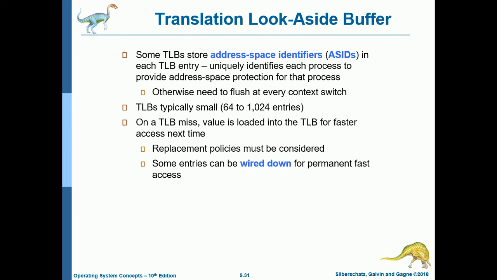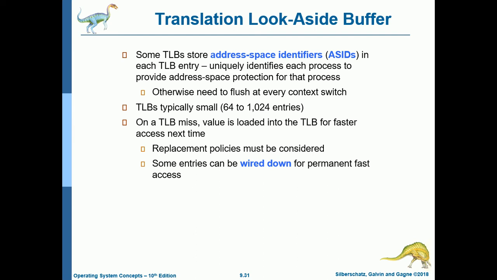This uniquely identifies each process to provide address space protection for that process. Otherwise, we need to flush at every context switch. Flush means erase. Typically, TLB sizes are small, from 64 to 1024 entries.